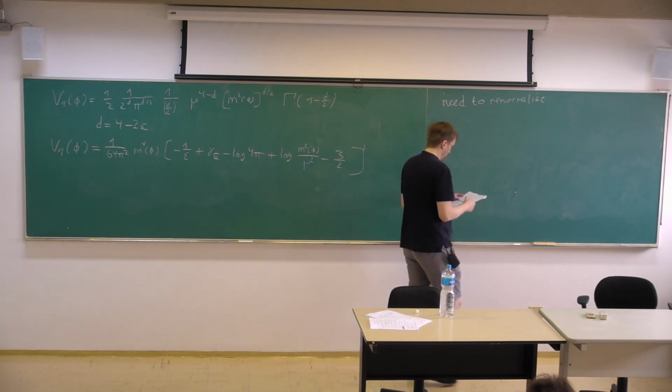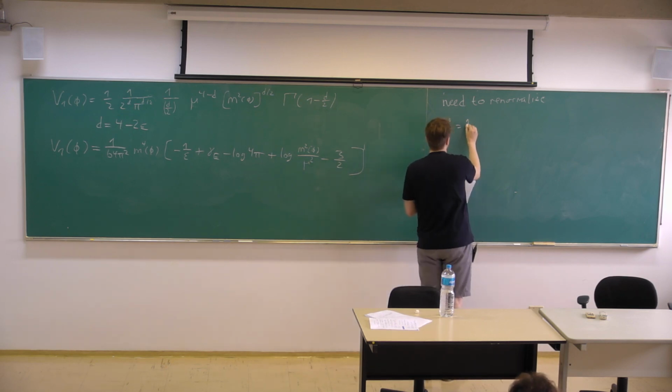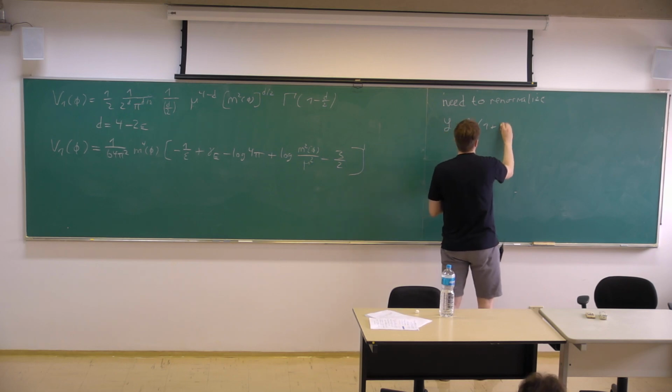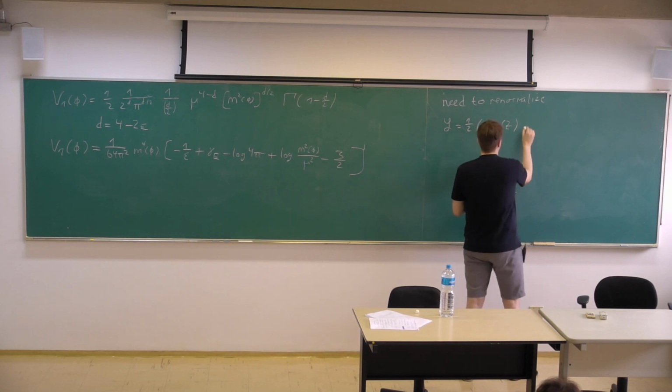And so what you do to renormalize, in so-called renormalized perturbation theory, is you essentially shift the parameters in your potential, in your Lagrangian, by some counter terms.